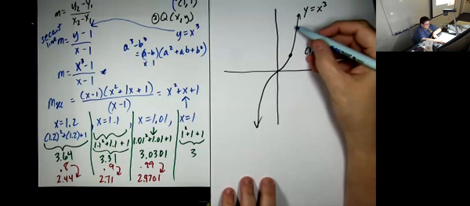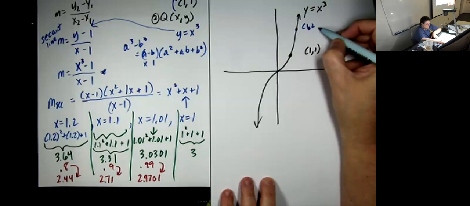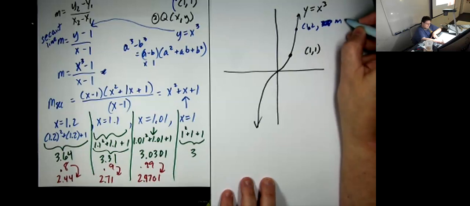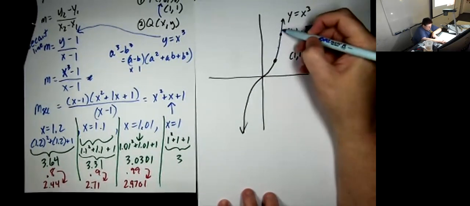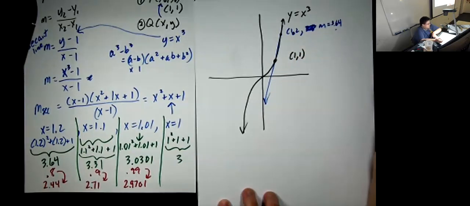Even if I said 1.2 is here, 1.2 had a y value of 3.64, that's trying to draw that as a secant line, and that's really hard to see. So I thought it was easier to do the other one.